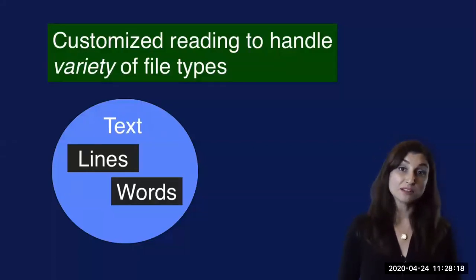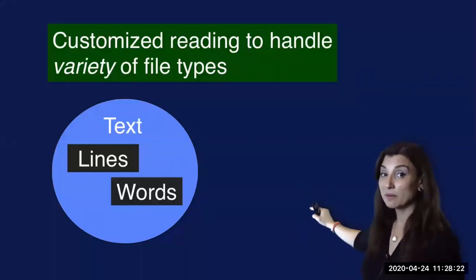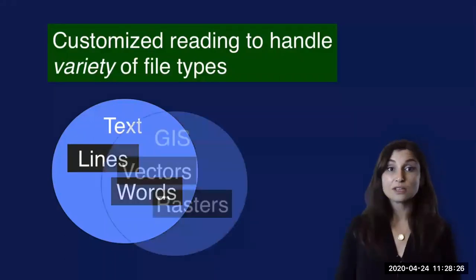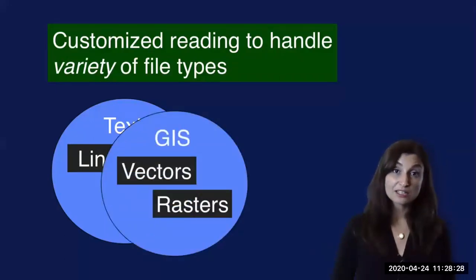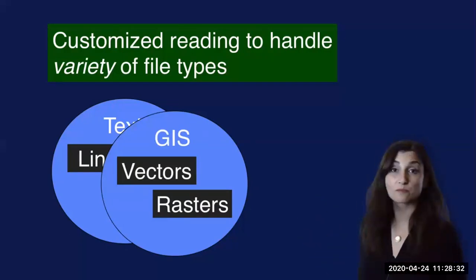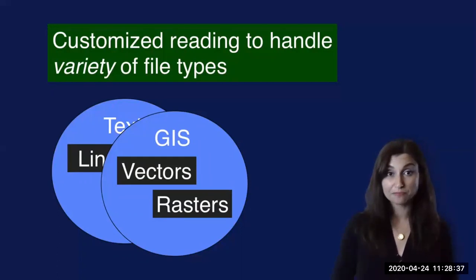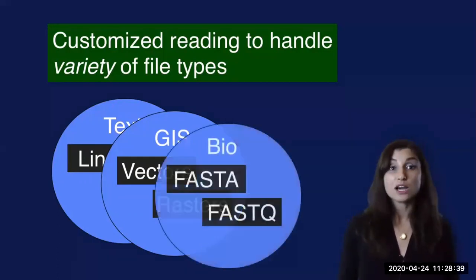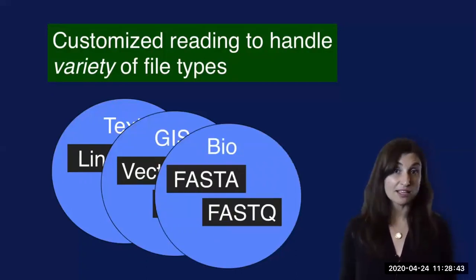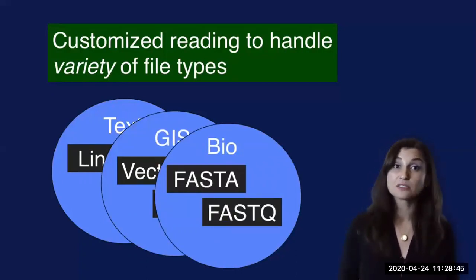For example, text files can be read line by line or a word at a time. Geospatial data can be read as vectors or rasters, data formats specific to geospatial data. Or other domain-specific data formats like FASTA or FASTQ formats for sequence data in genomics.